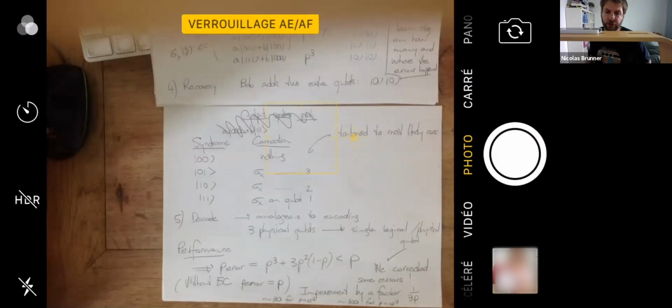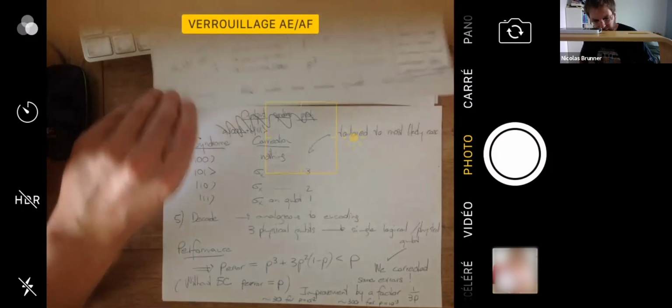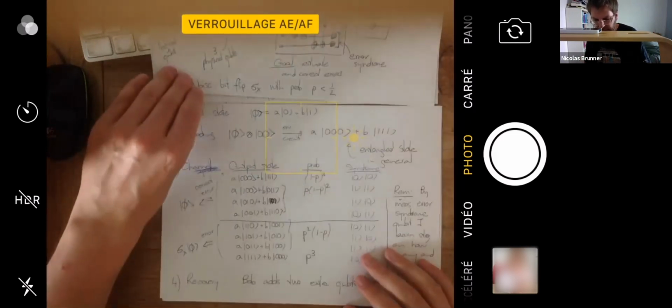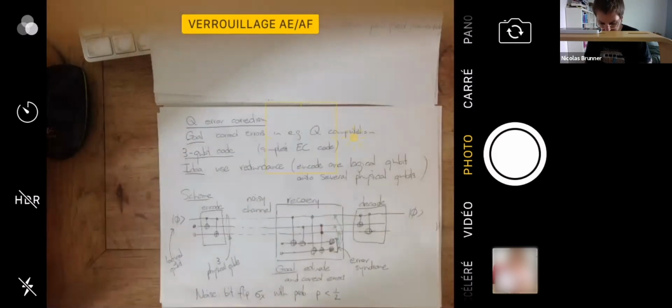So the derivation is a little bit tedious, but I hope you could still follow. Maybe just a couple of little comments here. One thing you could wonder is that in this scheme, we compare the parity of the first two qubits and the parity of the first and third qubit.